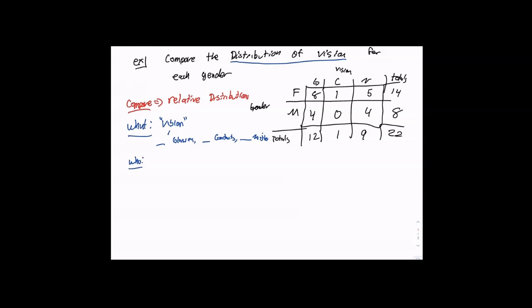Correct. I'm doing it for the students, but I'm going to do it for each of the genders, males and females. So how many sentences am I going to have to write? Two. Yep, that's it. I'm going to write 2 sentences. All right. And we've already kind of done that.